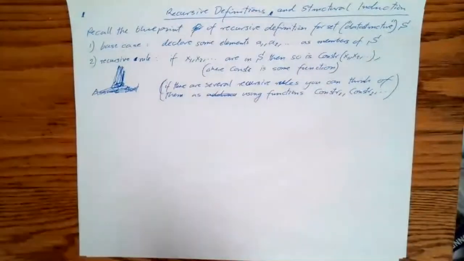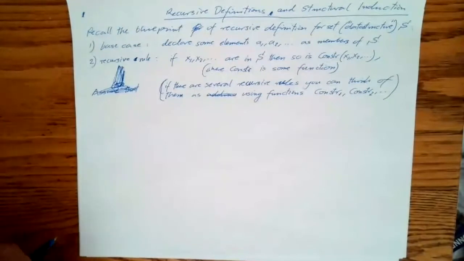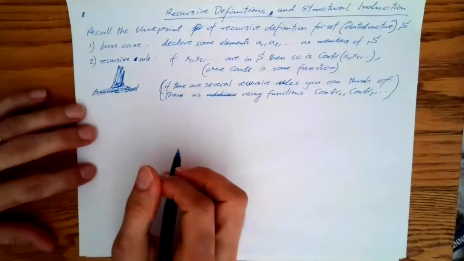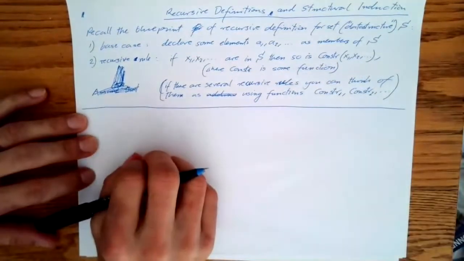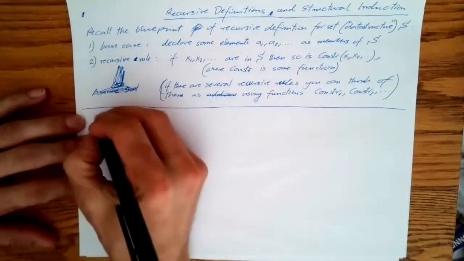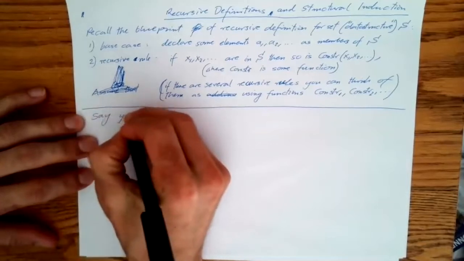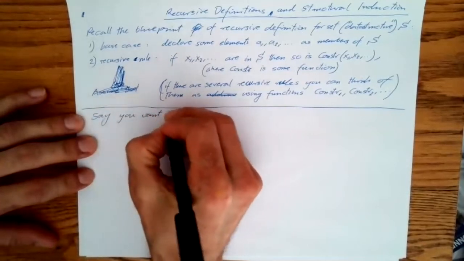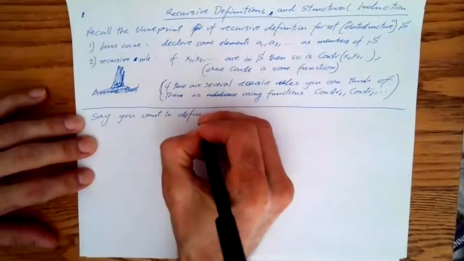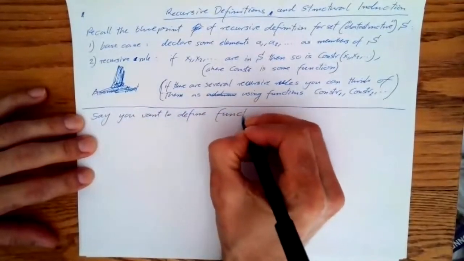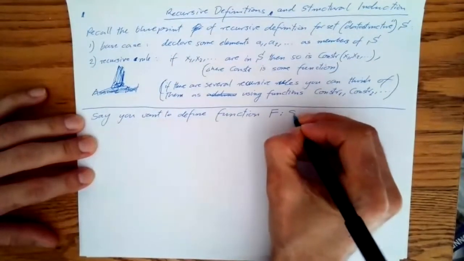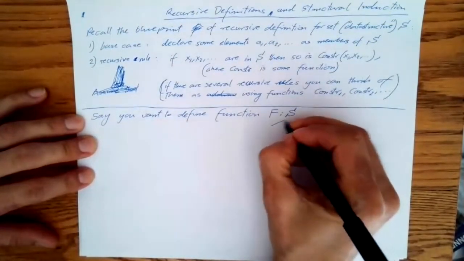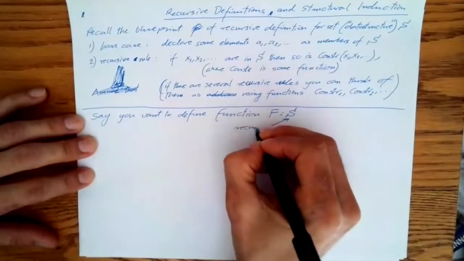Okay, so right, the trees we'll come back to in a second. So now let's say you want to define a function, some function f, whose domain is this recursively defined set.